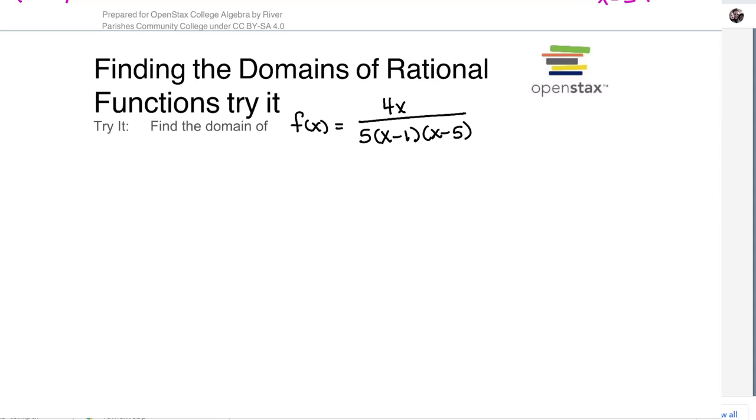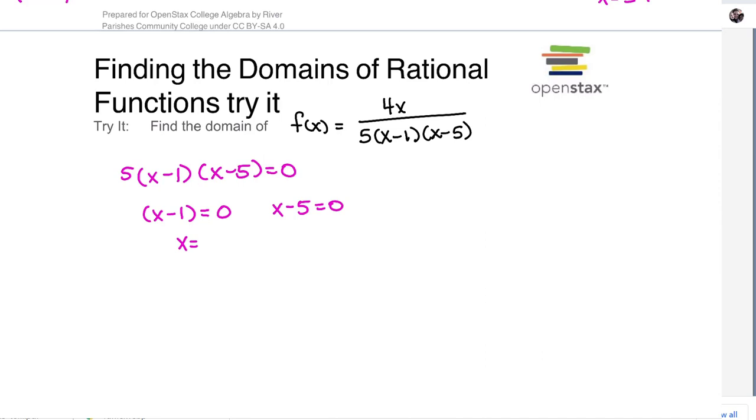Okay, so hopefully you paused the video and you found the domain. So we're going to set the denominator equal to 0. And what's nice about this one is that it's already factored. So we can just take each of the factors and set them equal to 0. So the 5 we don't really have to worry about because 5 can't equal 0. So we just set x minus 1 equals 0, x minus 5 equals 0.